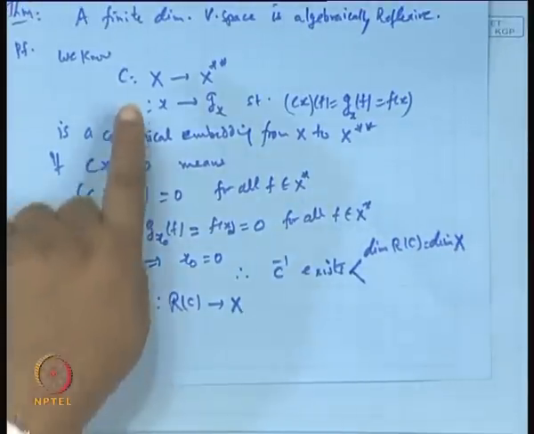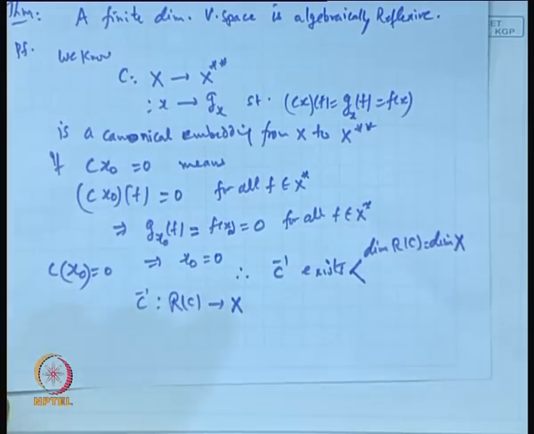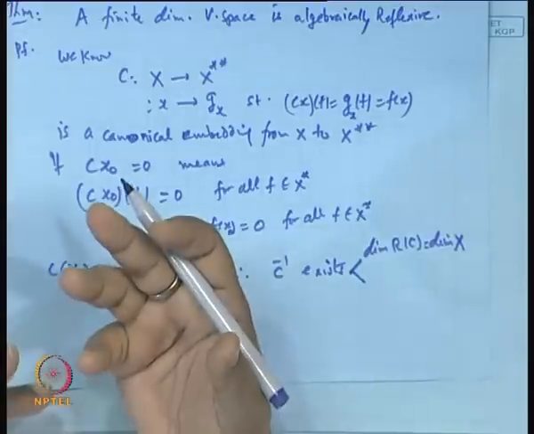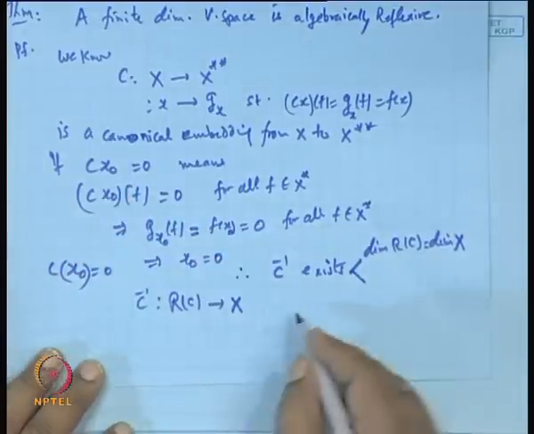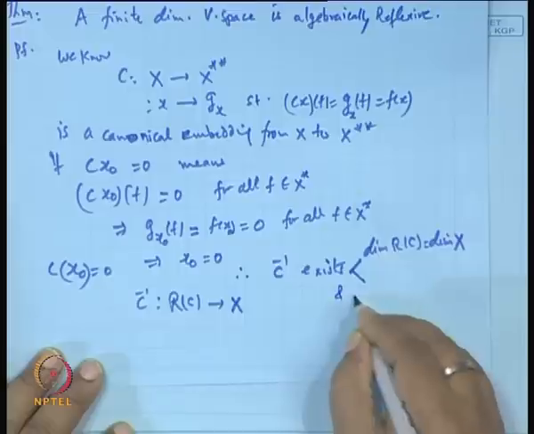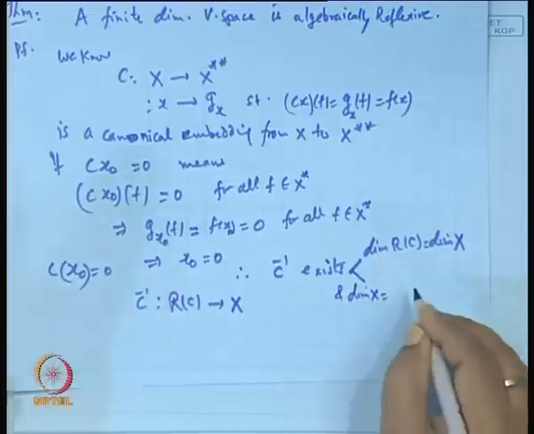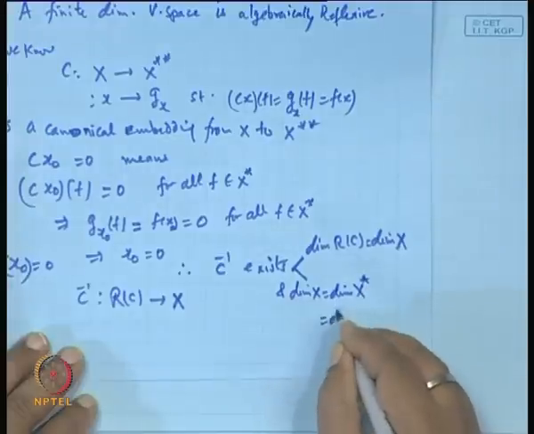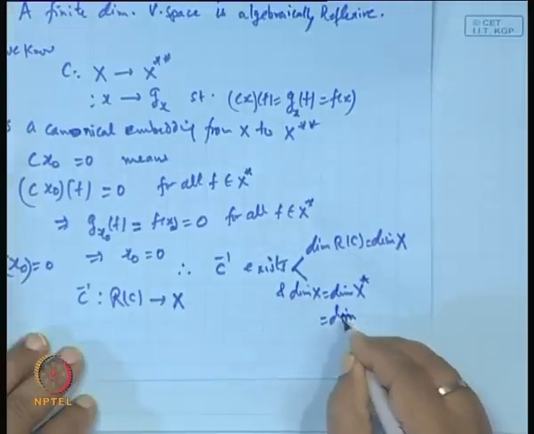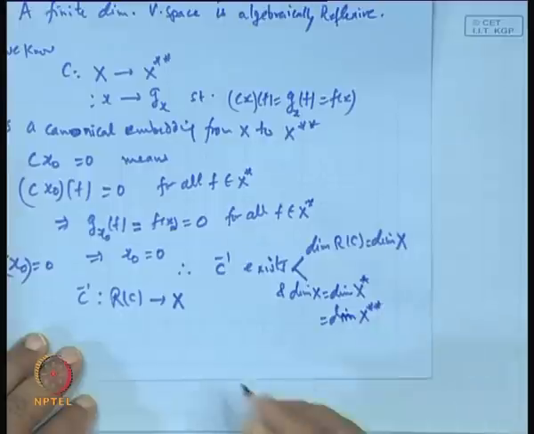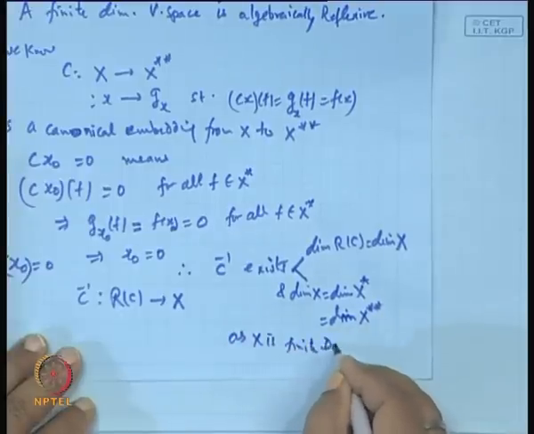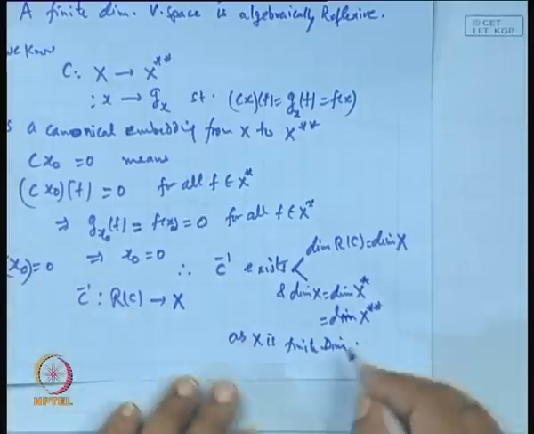But even if E2 is a finite dimensional case, in case of the finite dimensional, dimension of x and x double star is the same. Since x is finite dimensional, dimension of this equals dimension of x, which is equal to dimension of x double star, as x is a finite dimensional vector space.